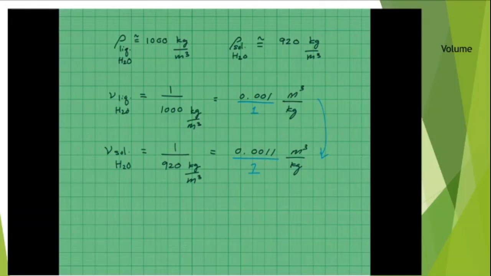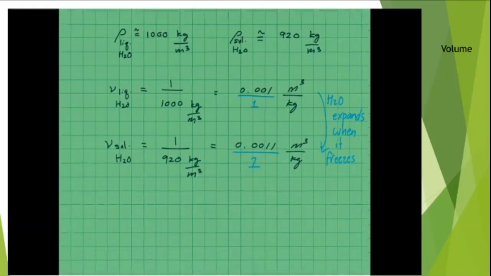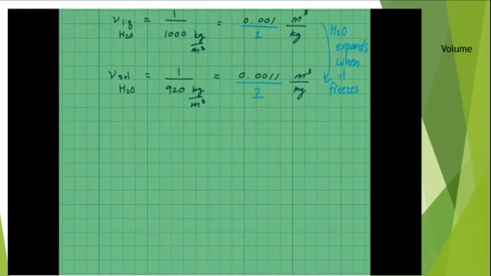And this is something we've probably all seen, right? So water expands when it freezes. And this is actually kind of a unique property of water. A lot of substances don't expand when they freeze, they actually contract. Right, so why are properties useful and important in thermodynamics?